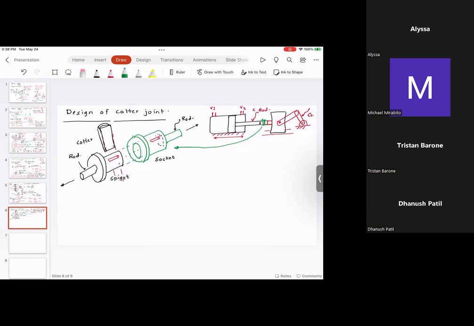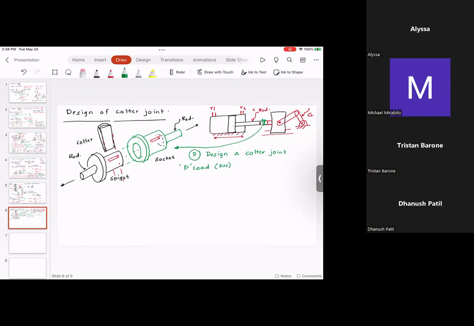So for design of Cotter joint, typically the problem statement would be something like this. Design a Cotter joint to support load P. And typically these loads are quite high and they are given to us in kilonewton.